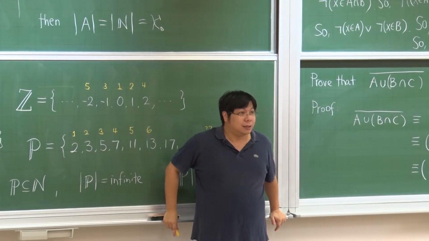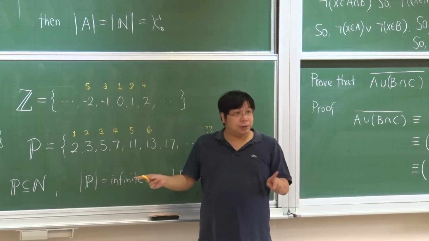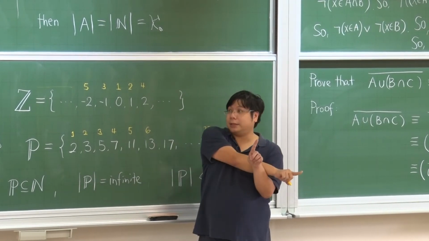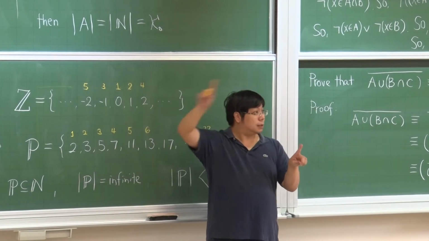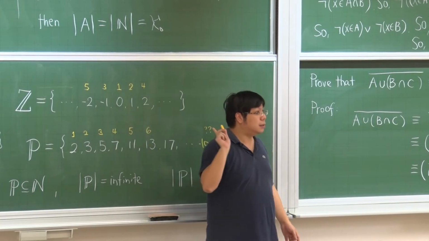Is that okay? And for the integers, you give a rule. You first list out 0, and then go right, list out 1, go left, list out -1, go right, go left. You have a rule. This rule allows you to list out everything one by one.